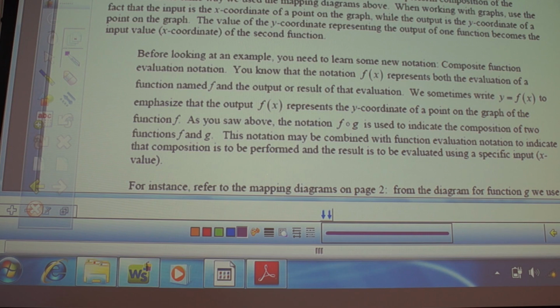As you saw above, the notation f of g is used to indicate the composition of two functions f and g. This notation may be combined with function evaluation notation to indicate that composition is to be performed and the result is to be evaluated using a specific input, x value. Perfect. Thank you.